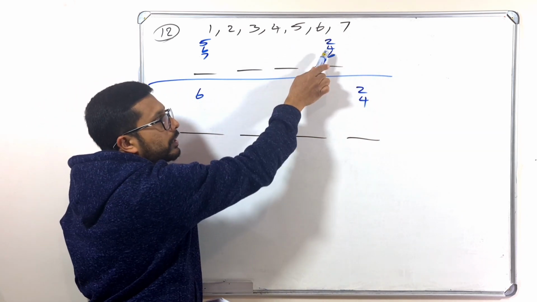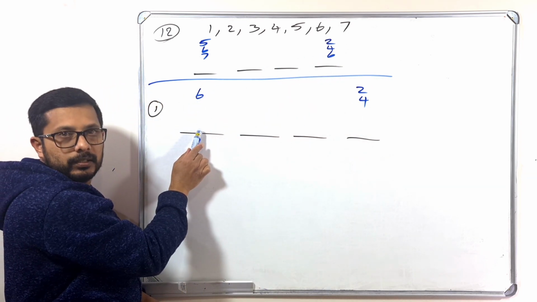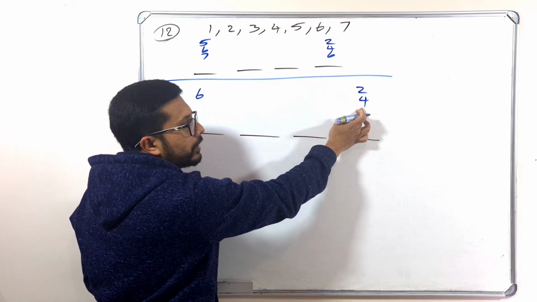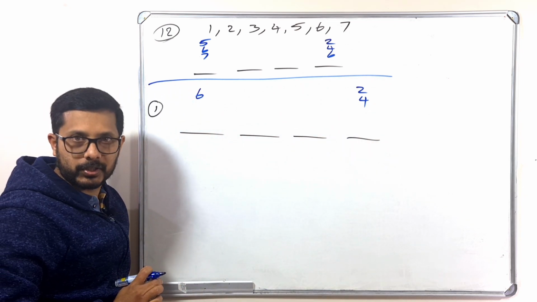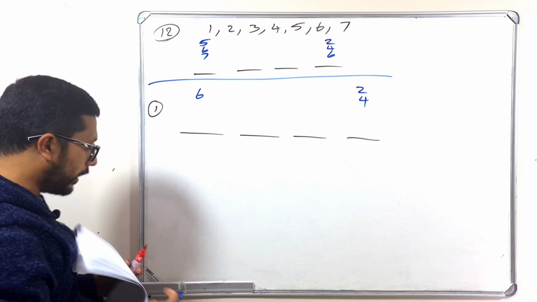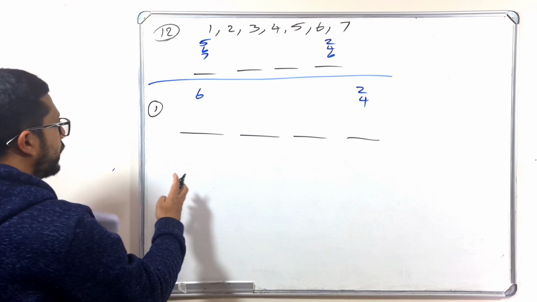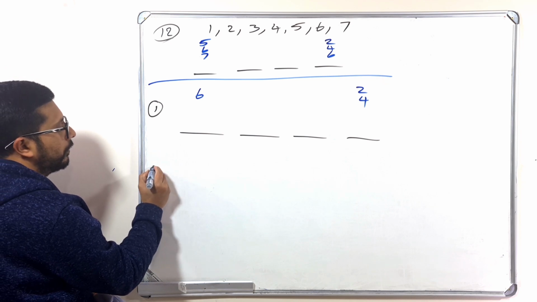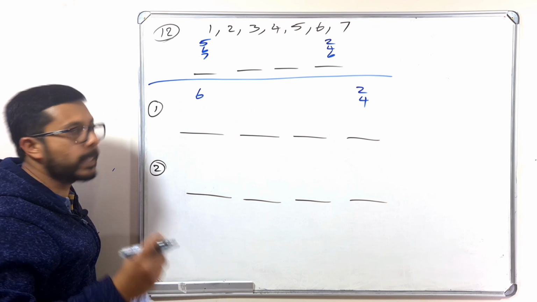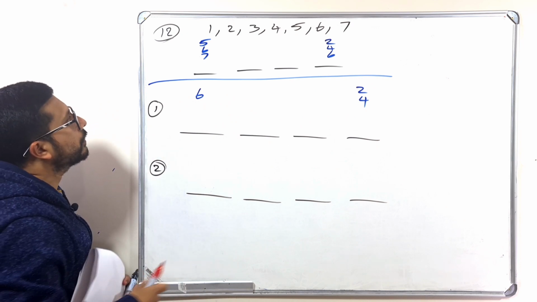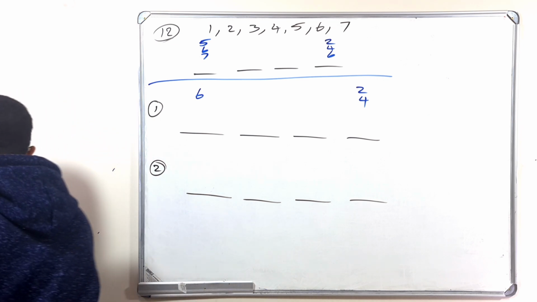From 2, 4, 6, I can't take 6 because I used it here, so I have only 2 options. Do you understand? Then the second case, 4 spaces. Assume that I used 5 or 7 here.